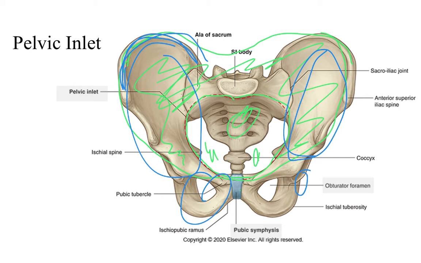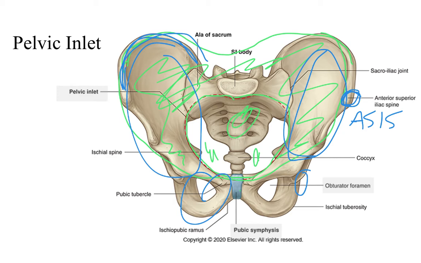Specific parts of the ilium that we need to be familiar with right now: the anterior superior iliac spine, which you'll often see abbreviated as ASIS, and you can actually feel that on yourselves if you find your iliac crest and follow it all the way to the front where it comes to a point.